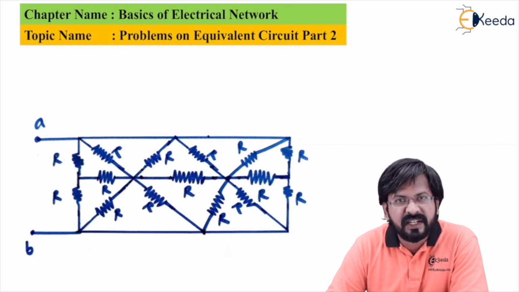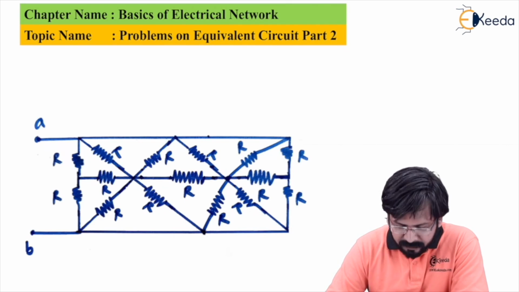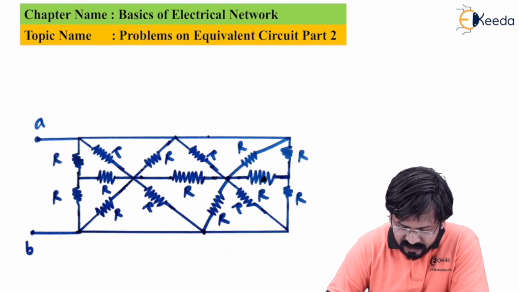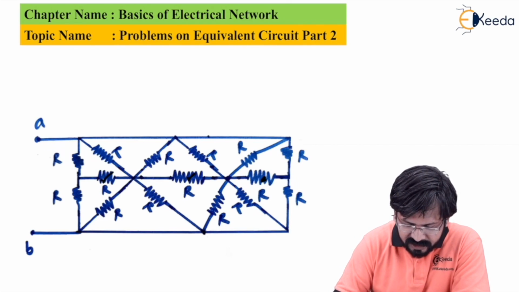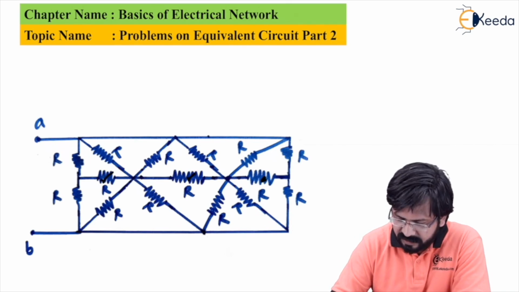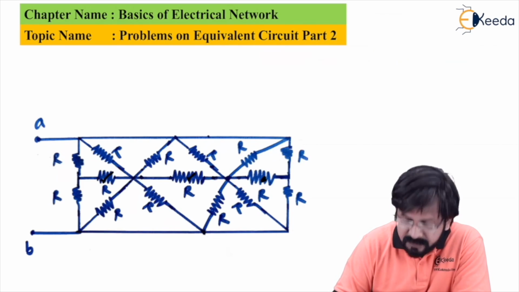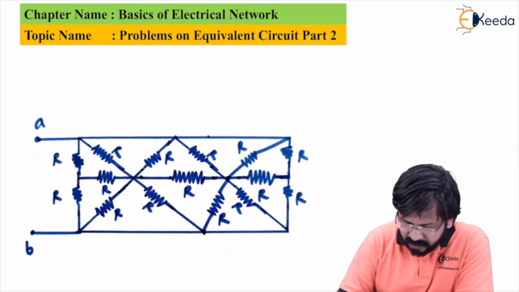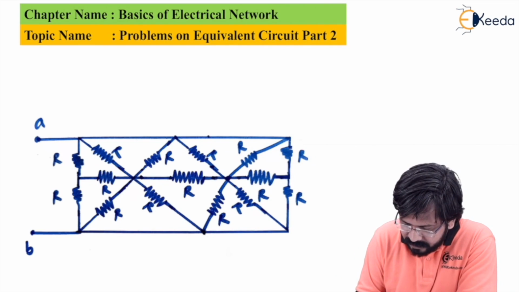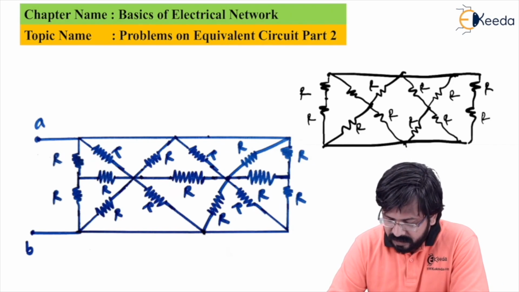So as you can see, we knew that the middle resistances, that is this resistance and this resistance, are redundant. So I'm just removing those resistors, and the equivalent circuit now will become like this. Yes.